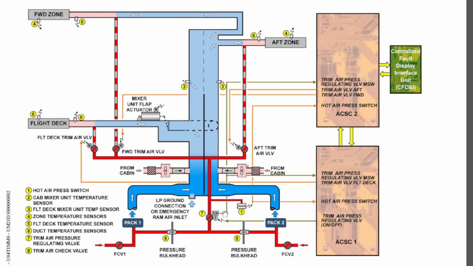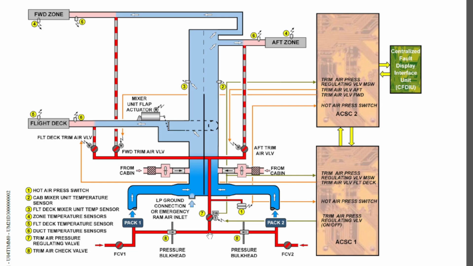The signal from the switch goes to air conditioning system control computer 2, and the same signal goes to system 1, and this is basically to detect the position of the valve, whether it's open or closed. The control signal comes only from air conditioning system control computer 1, so the solenoid gets the signal only from computer 1.